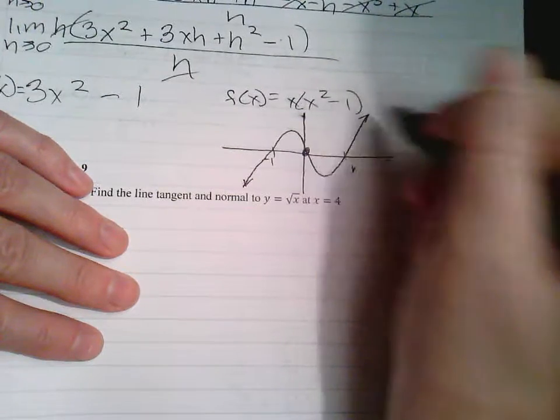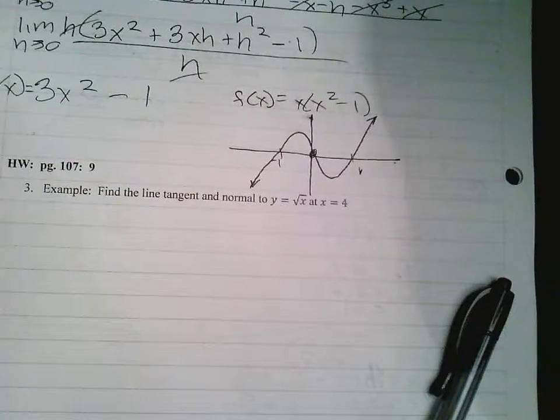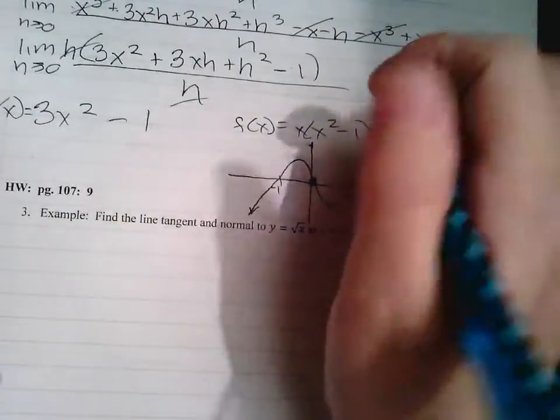Okay, and now we're going to graph the derivative, which is going to be 3x squared minus 1. Yeah, it's not going to look perfect, but you're going to see the slope of what it looks like of the whole graph. So 3x squared minus 1, here's minus 1.